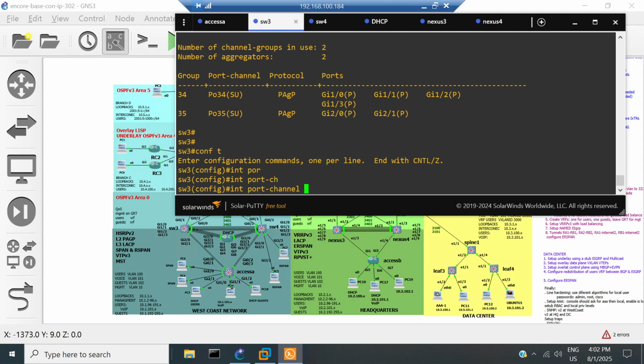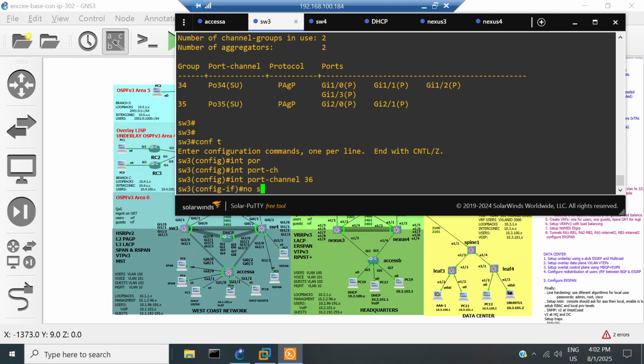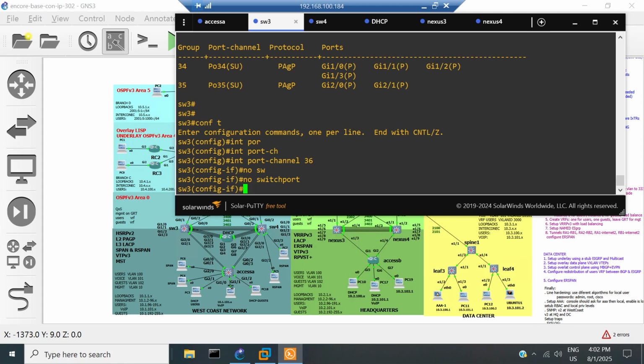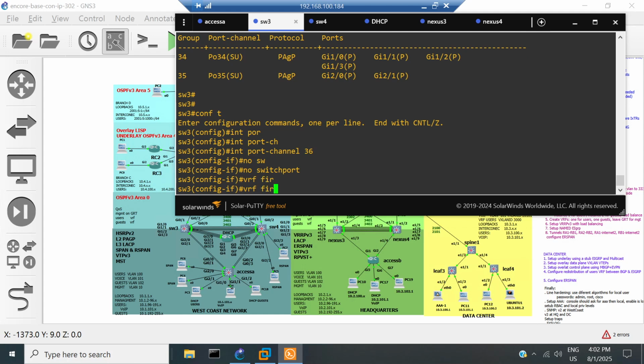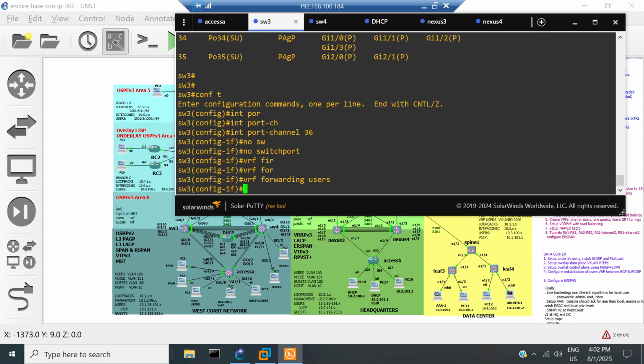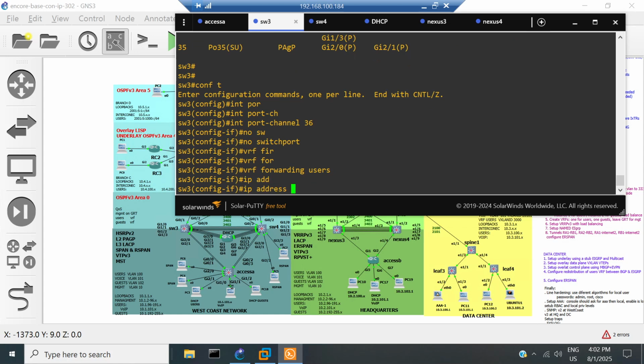Let's call it from switch 3 to device 6. And I have to issue the command no switchport to turn this port channel into layer 3 mode. Then this will be my port channel for my users VRF.